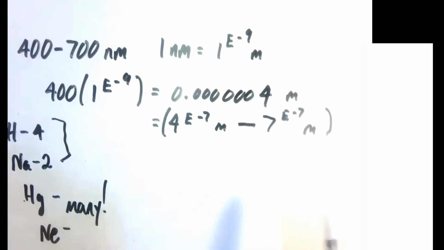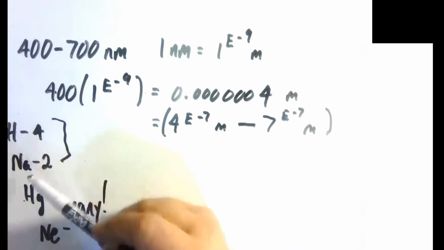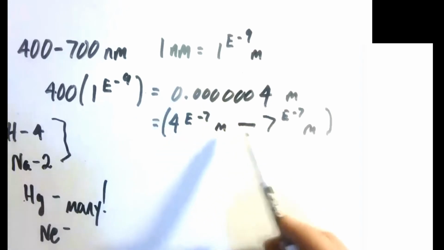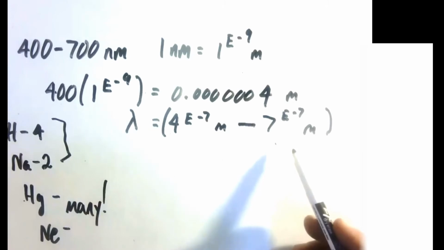So what I'm going to show you now, you're going to have to do for 6 different numbers. First, you're going to take whatever numbers you have for hydrogen and sodium, those 6 numbers in nanometers, and convert them into meters. So you will have 6 numbers for the wavelength, lambda, given in meters.